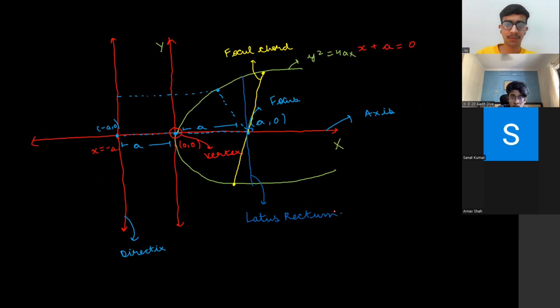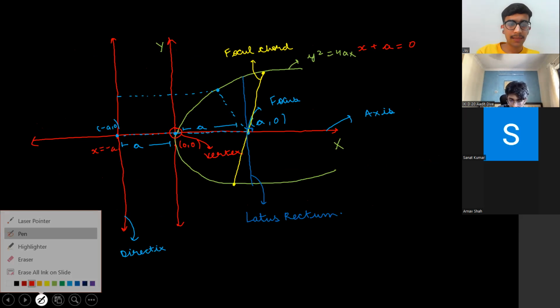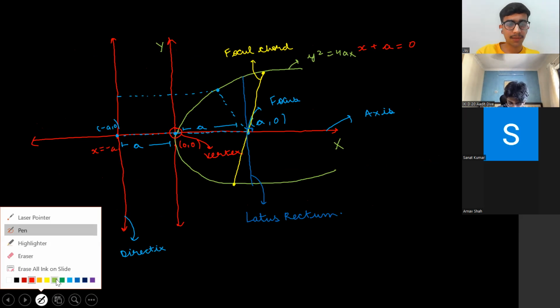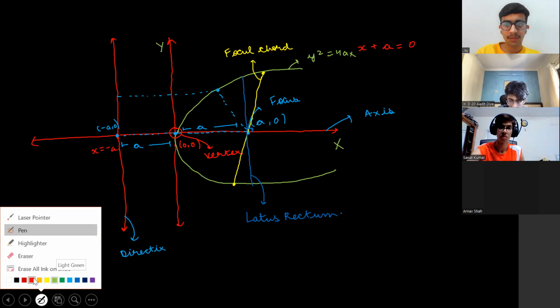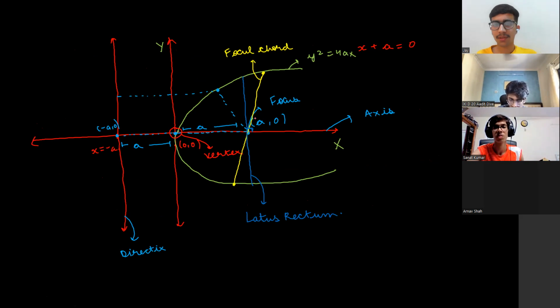Okay. Let's now find out the length of the lattice rectum. So let's say this is my lattice rectum. It is passing through the focus, so that is (a, 0). Can you tell me what will be the coordinates of these endpoints? We have an equation y square is equal to 4ax. So obviously in both endpoints the x coordinate will be a, right?